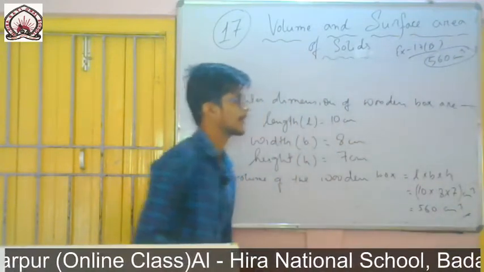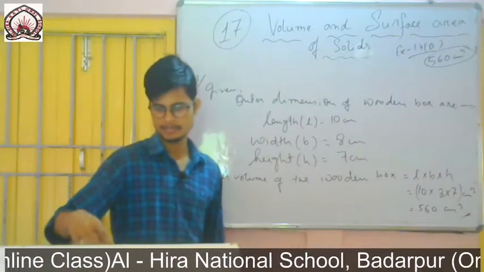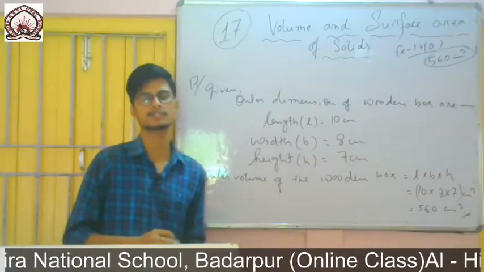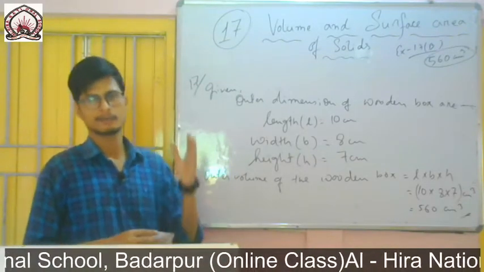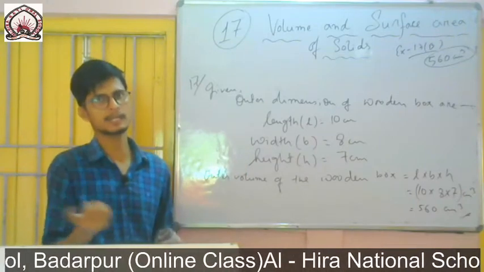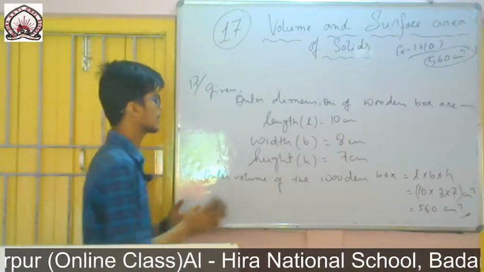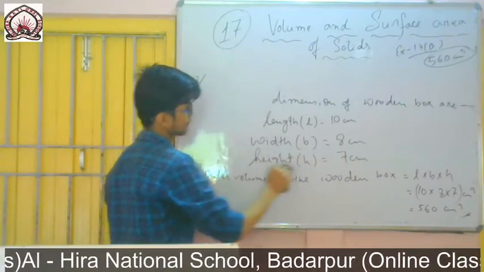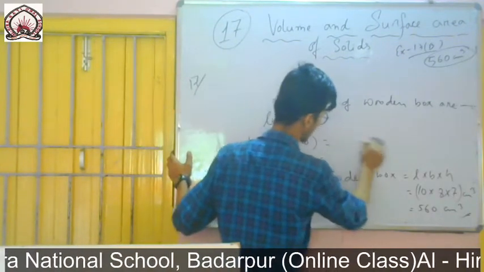So now I will find the internal dimension. Here thickness is given 1 centimeter. We know how to calculate the internal dimension. Simply subtract from the original length the double of the thickness.